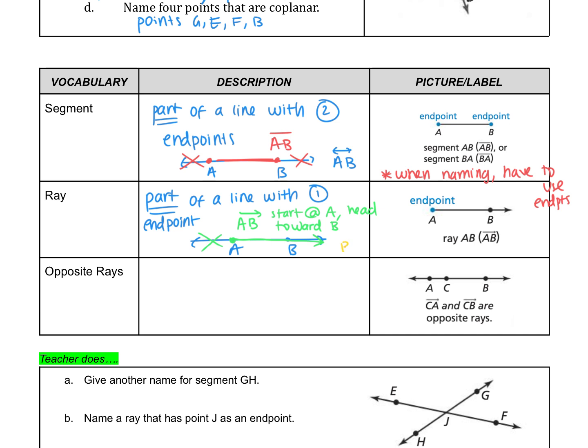If I switch the letters and write B, A, and then write the ray symbol over the top, that is a different ray. That is the ray that starts at B instead and heads in the direction of A. So for the ray, the letters really matter: the order, specifically where you start and where you head.